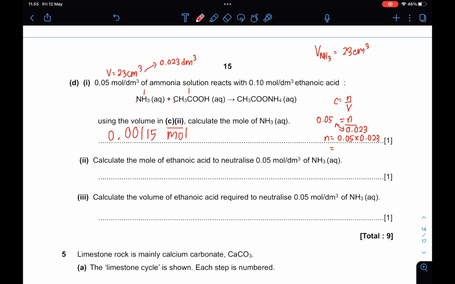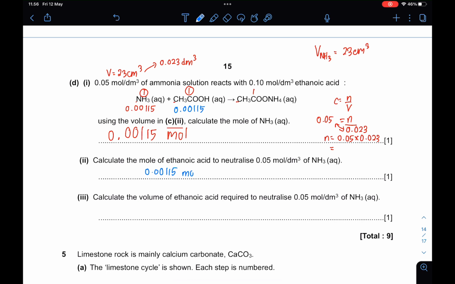Now next, once we have this, this is the number of moles of ammonia. According to the coefficients in the equation, 1 mole reacts with 1 mole to give you 1 mole of this. So if I have 0.00115 moles of ammonia, we can calculate the number of moles of ethanoic acid, because it is 1 to 1.